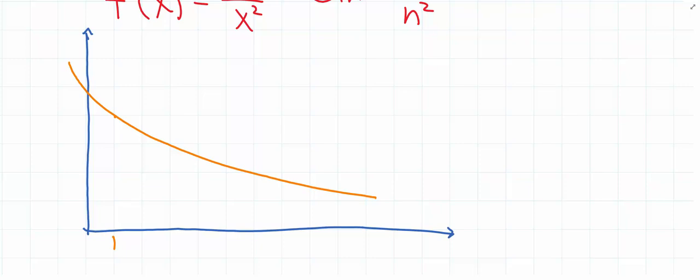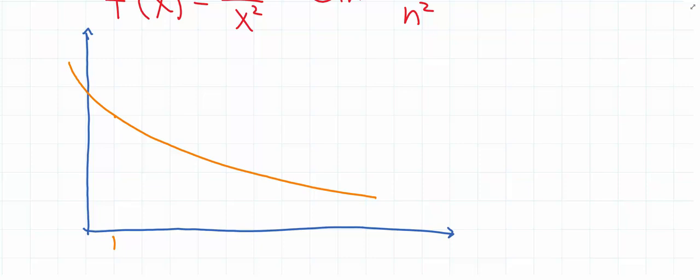Really, this integral test will work as long as there's some point out here where every term starts getting smaller than the previous. But we're just going to say that we have this function and it's always decreasing.